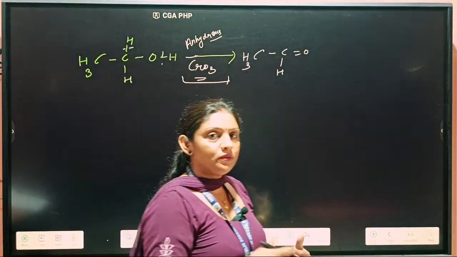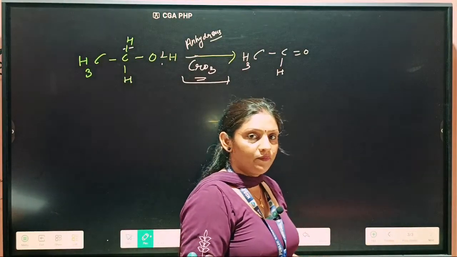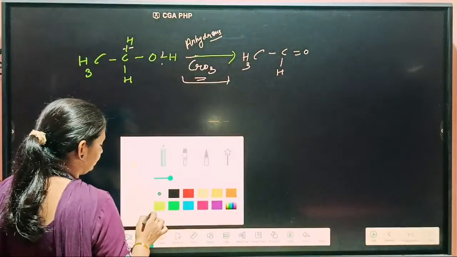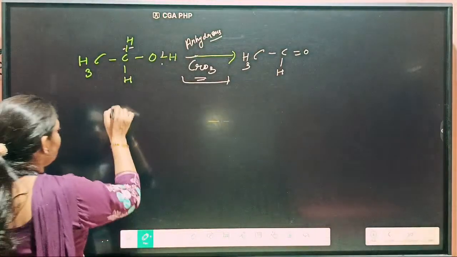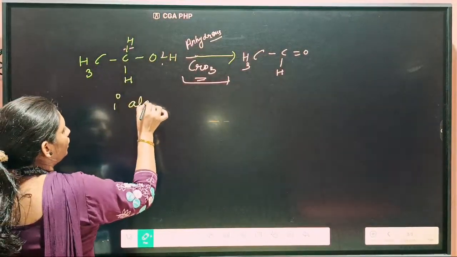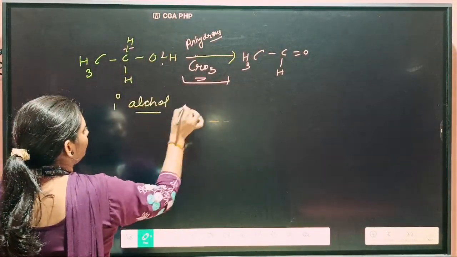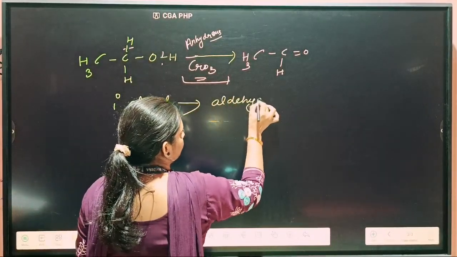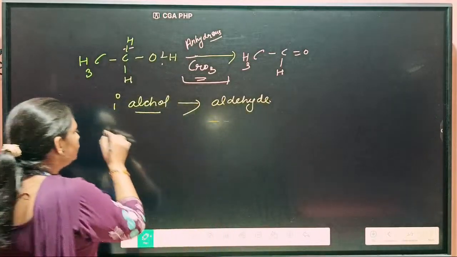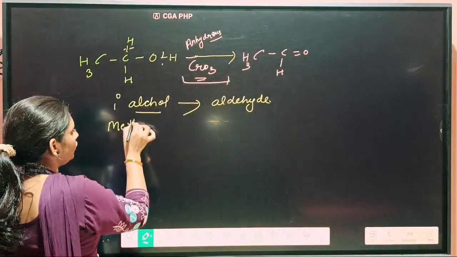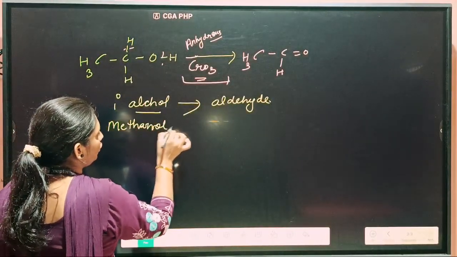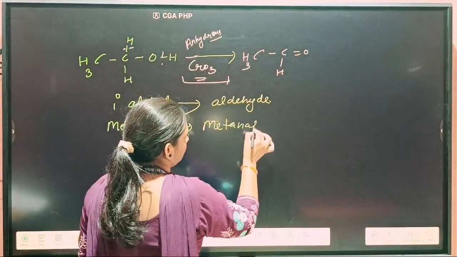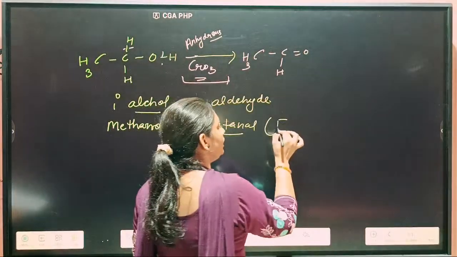PCC will stop the reaction up to aldehyde only. So students, from primary alcohol we can get aldehyde, and from methanol we can obtain methanal or formaldehyde.